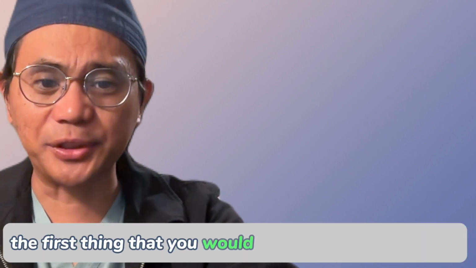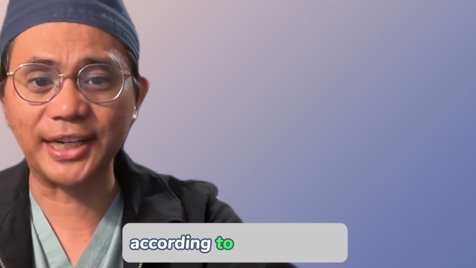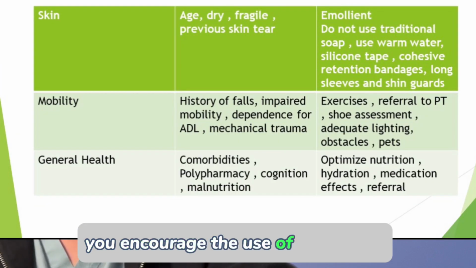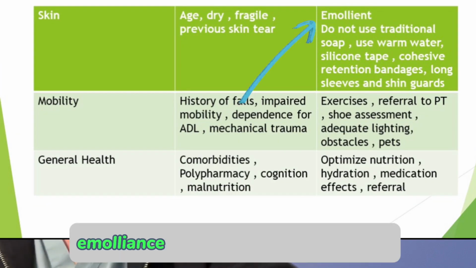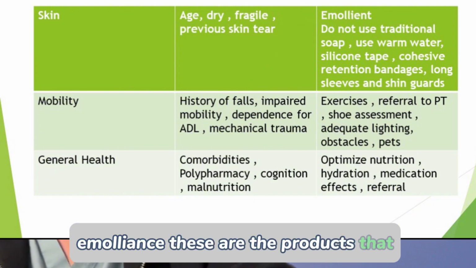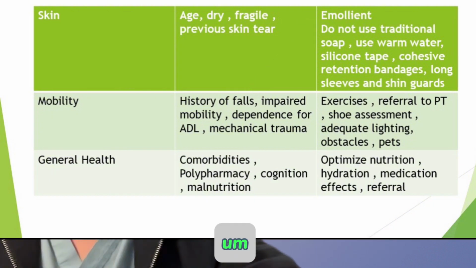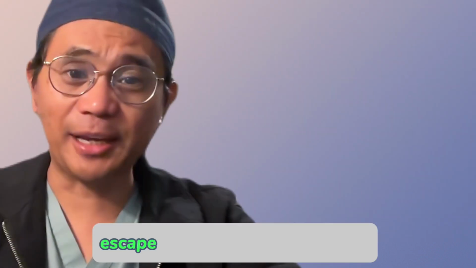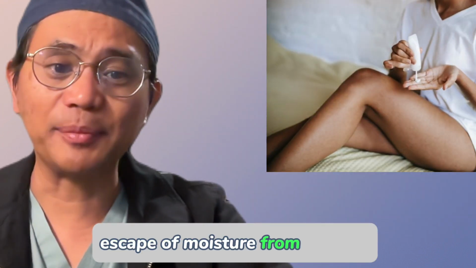The first thing that you would do, ladies and gentlemen, according to guidelines, is you encourage the use of emollients. Emollients, these are the products that reduce the escape of moisture from the skin.